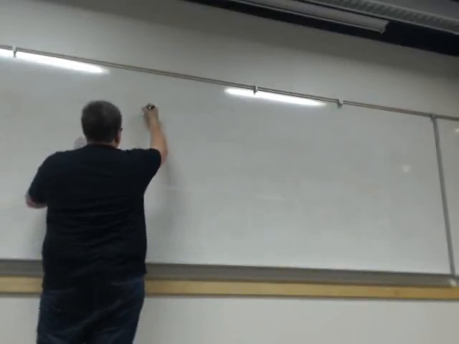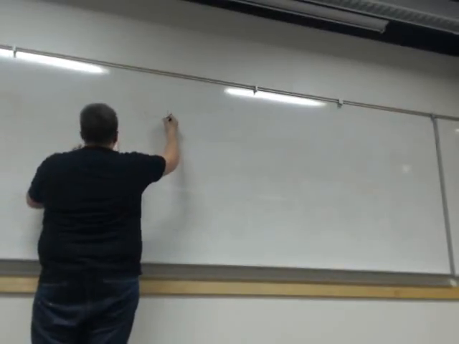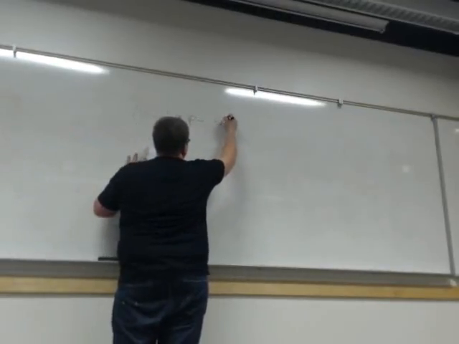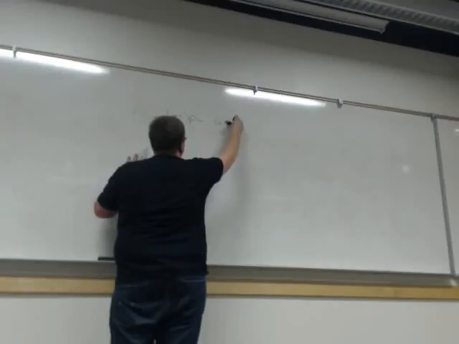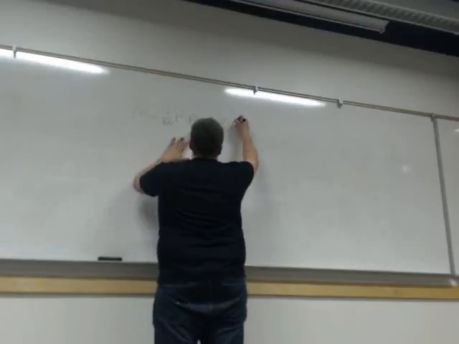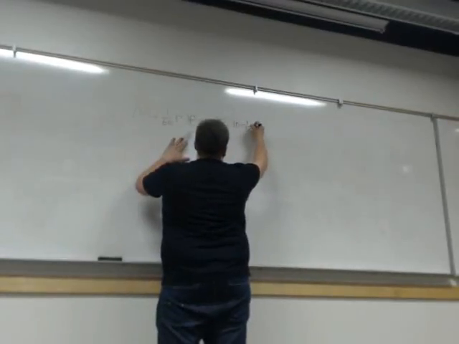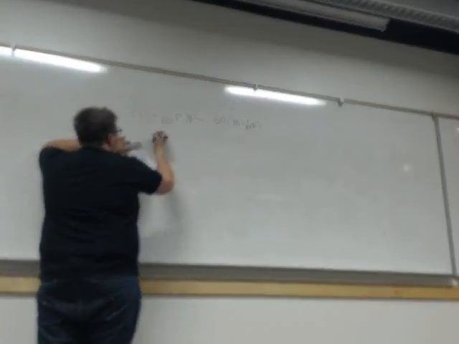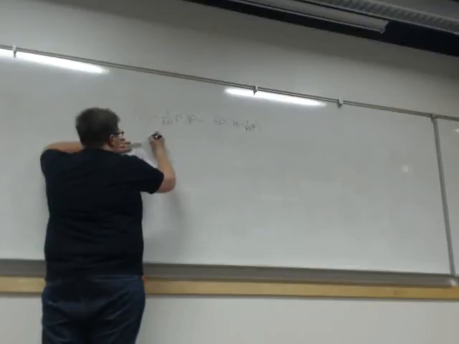Here's what the monopoly would look like, right? Yeah, so it'd be P minus 60 times 8.